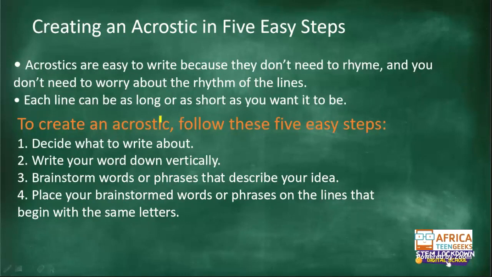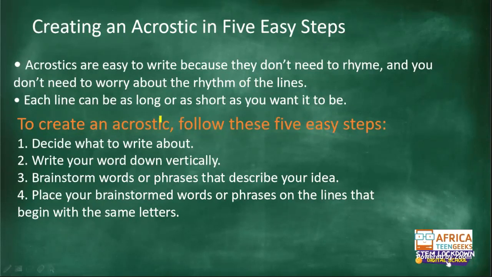Right, the 4th step. Place your brainstormed words or phrases on the lines that begin with the same letters. Okay. So you will write all the words with an I on one side, all the words with a C, whatever, and then you will choose words from there that you could find and write them next to the letter where they belong.